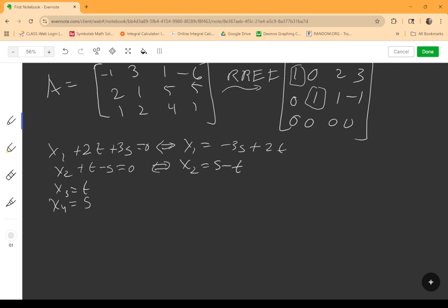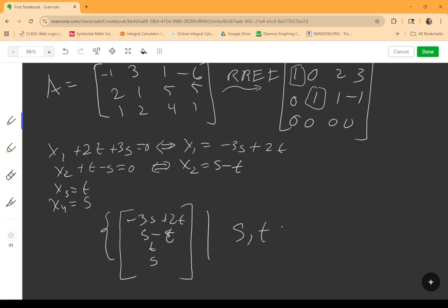Okay. And then from here, we can write this as the vector -3s plus 2t, s minus t, and then t and s, such that s and t is any real number.